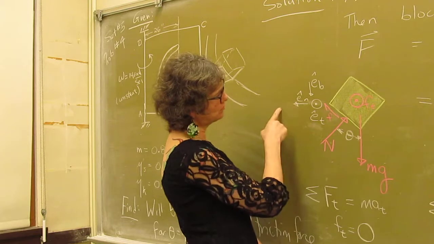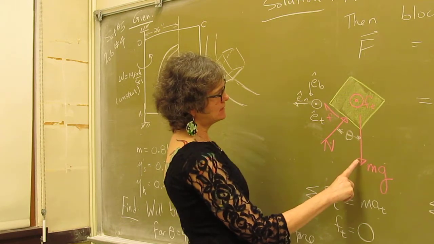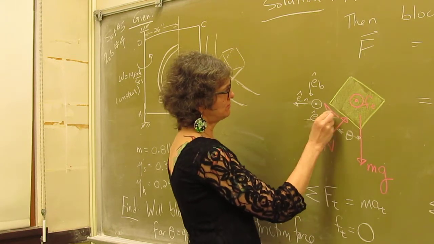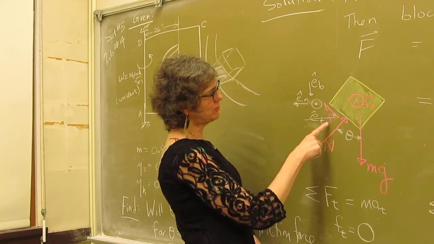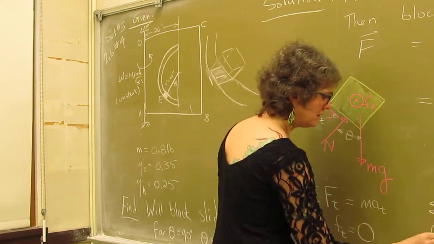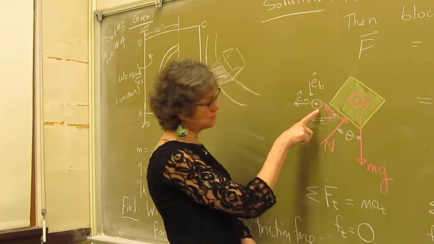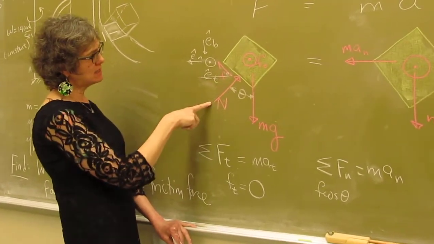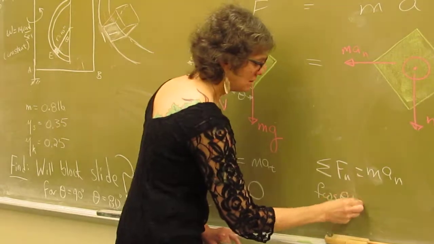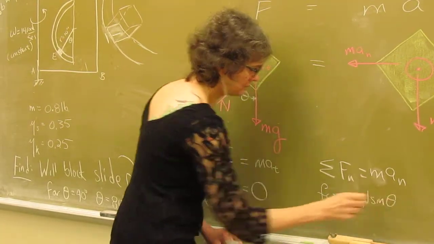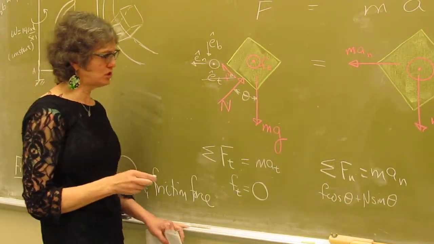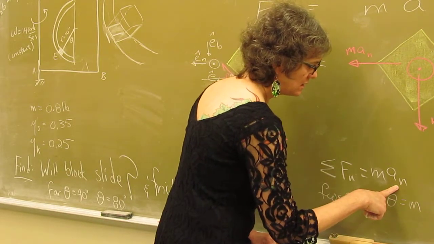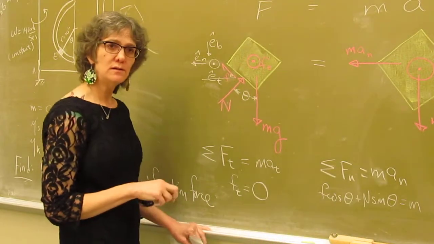So in the normal direction, we got this perpendicular to this. So this is theta right here, so it's F cosine theta. That's the component of the frictional force in the normal direction, plus N sine theta is equal to m a_N. What's a_N?